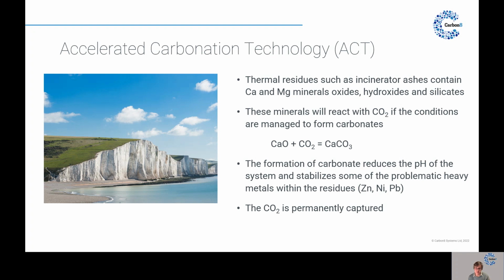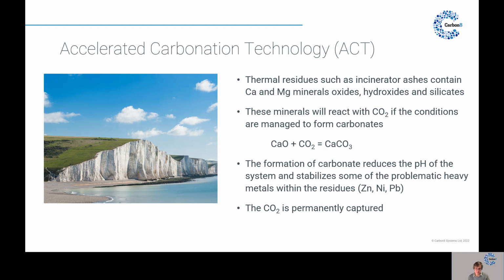So both the fly ashes, the boiler ashes, the APCR and bottom ashes contain these phases. And if the conditions are right, these minerals will react with CO2 and you can manage them to form carbonates.